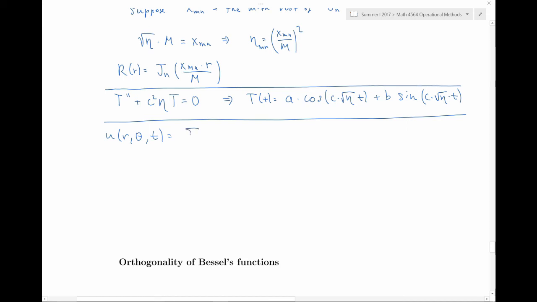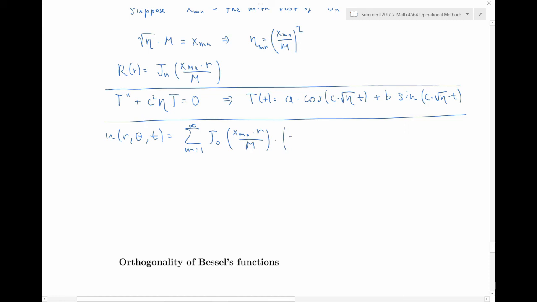So for n equals 0, we have to add, as m goes from 1 to infinity, the Bessel function J0 of x_m0 times r over capital M, multiplied by T of t and Theta of theta.